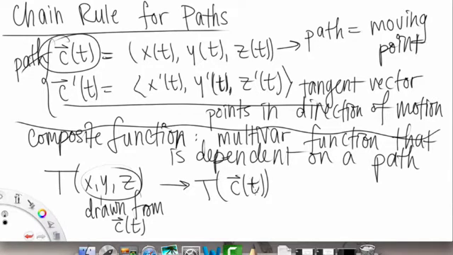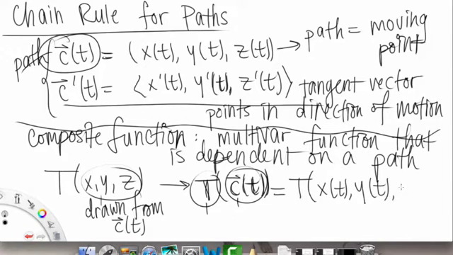Here we see one function determining the other, so T is dependent on our c of t. We have an outer function and an inner function, so it's a composite one. Another way to write this is T of x of t, y of t, and z of t.